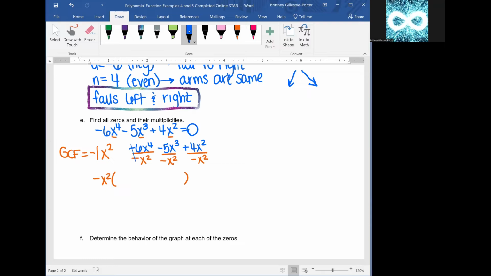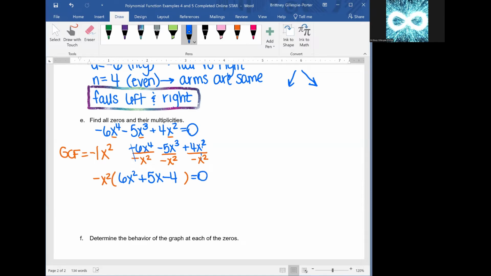The negatives cancel, and 4 minus 2 means that we're going to have an x squared with our 6 in front. Negative, negative gets us a positive 5, and 3 minus 2 gets us an x to the first. Positive 4 divided by negative 1 gets us a negative 4, and our x's cancel out. We're still equaling this to 0.